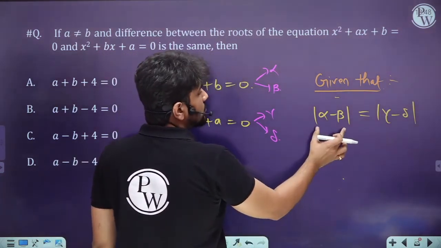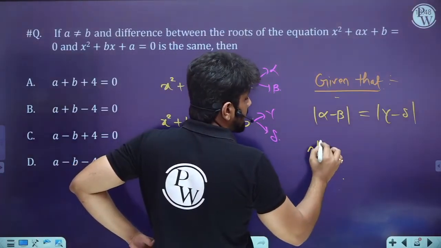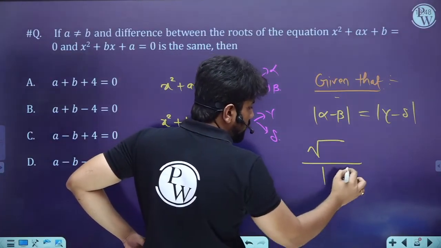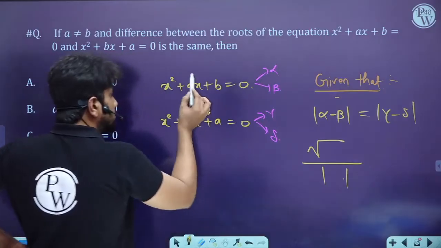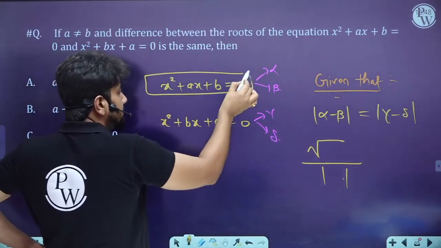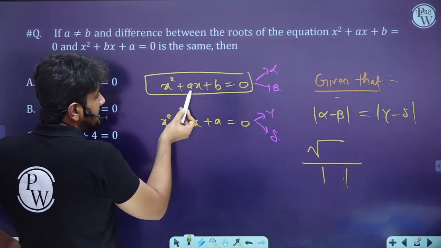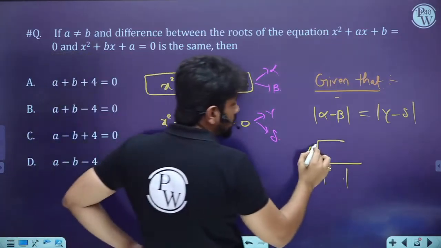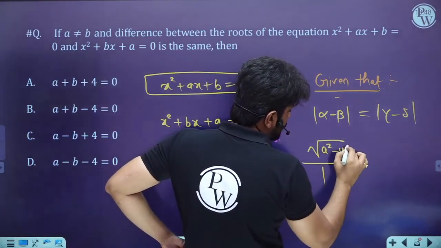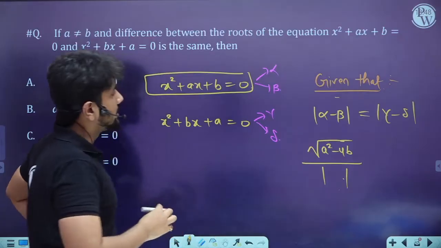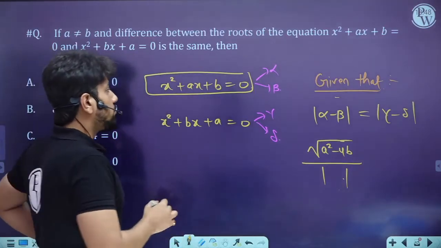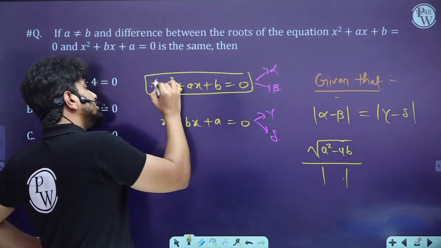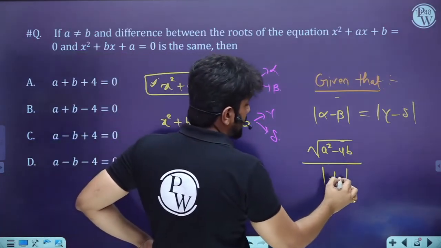That is under root of the discriminant by modulus of a, for the first equation. The discriminant of this equation is a square minus 4b. So under root of D upon modulus of a, where a is the coefficient of x square, which is 1.